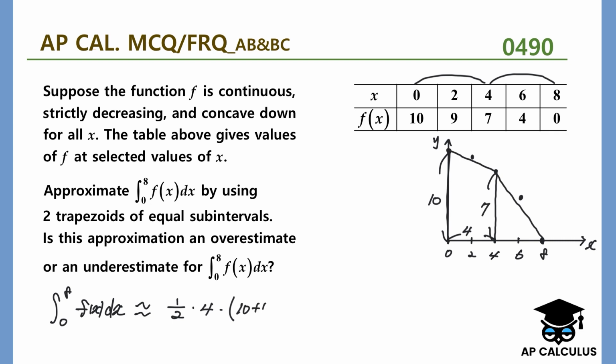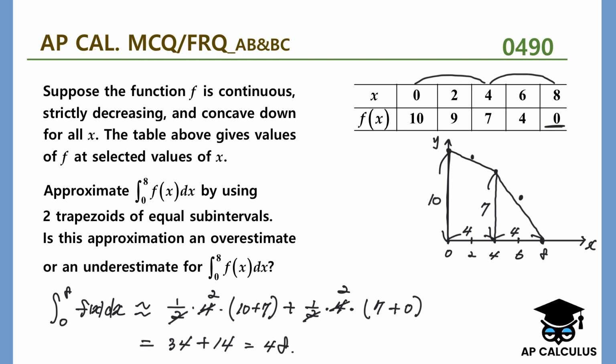So 10 plus 7, plus the second one, which is actually a triangle: 1/2 times the height 4 again, times the sum of two bases. That's gonna be 7 plus 0. This is a 0, right? So that's 2 times 17, 34, plus 2 times 7, that's 14. So that's gonna be equal to 48, right?